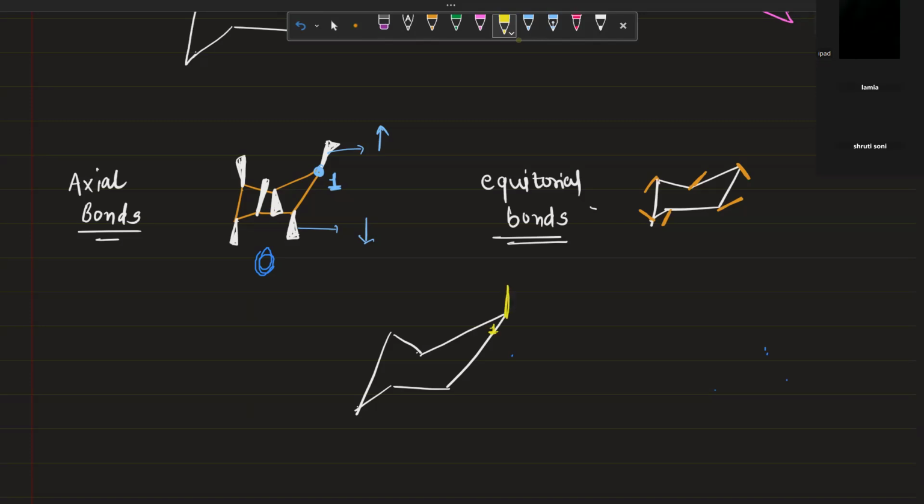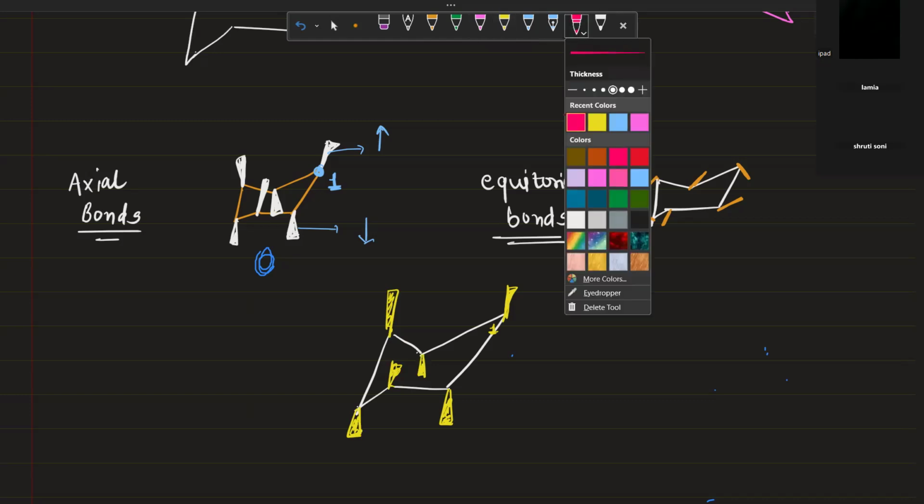The first is always above the plane. Then the second carbon is below. Above, below, we only need to do this. Then this one is above the plane, again this is below the plane. Then this carbon is above the plane, and this is below the plane. Done with axial bonds only.